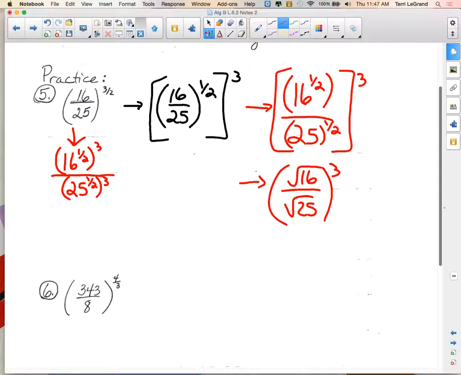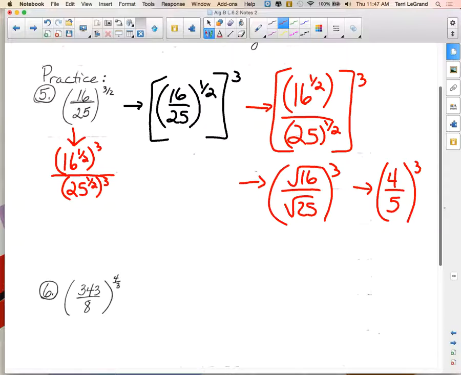So now we say, okay, the square root of 16 is what? 4. The square root of 25 is 5. So our fraction became 4/5, but we still have to take it to the 3rd power.